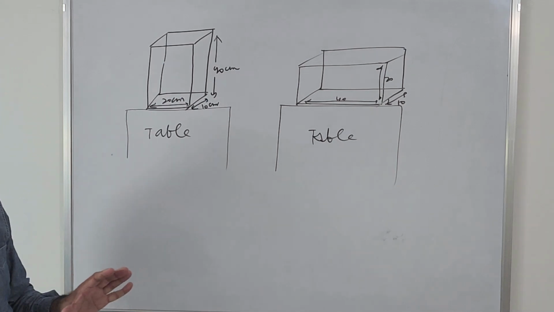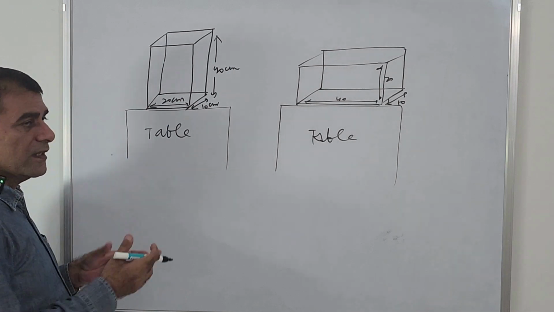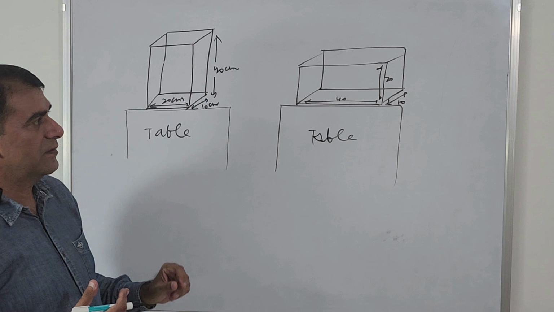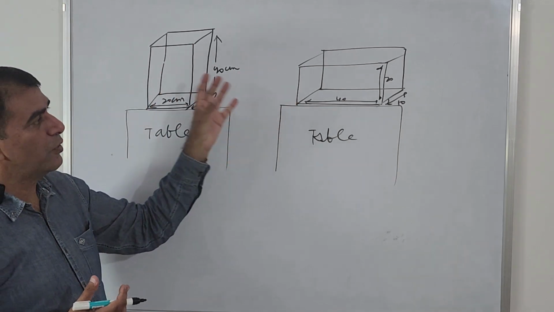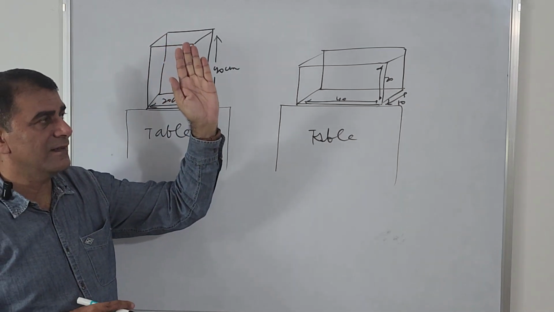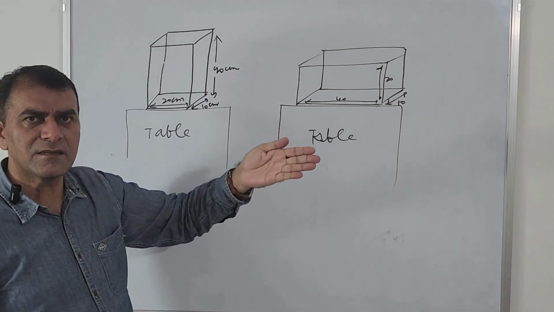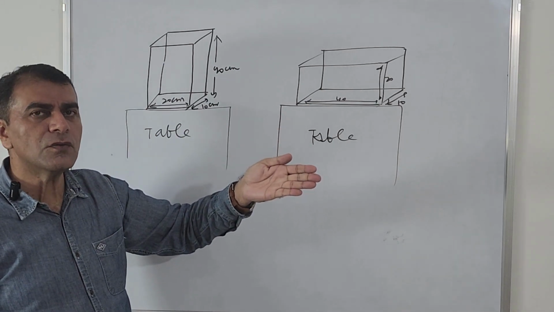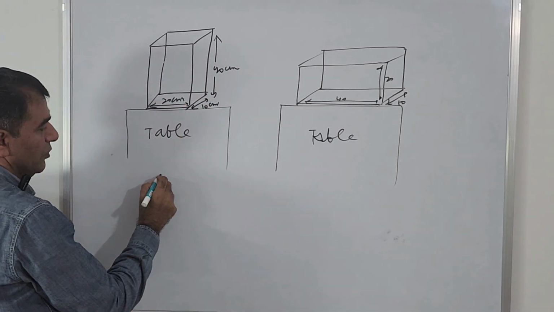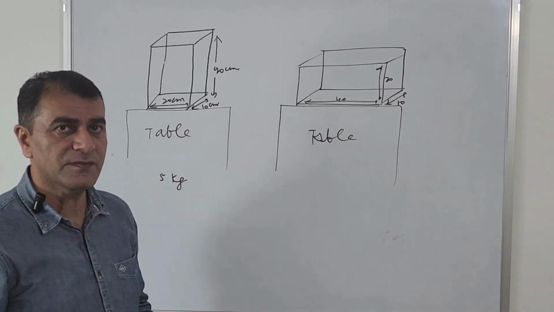Very simple, nothing complex. We are given that in the two cases, the box is the same. In the first case, we put the box vertically, and in the second case, we put the box like this. Now, it is given that the mass of the box is 5 kg. How much? 5 kg.